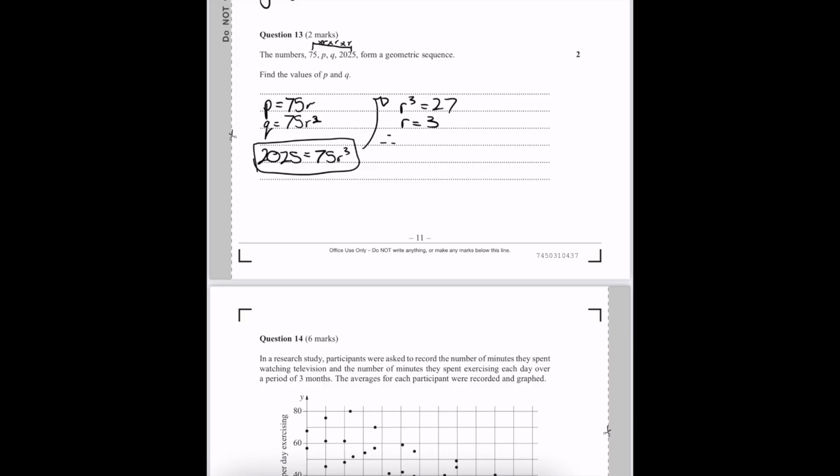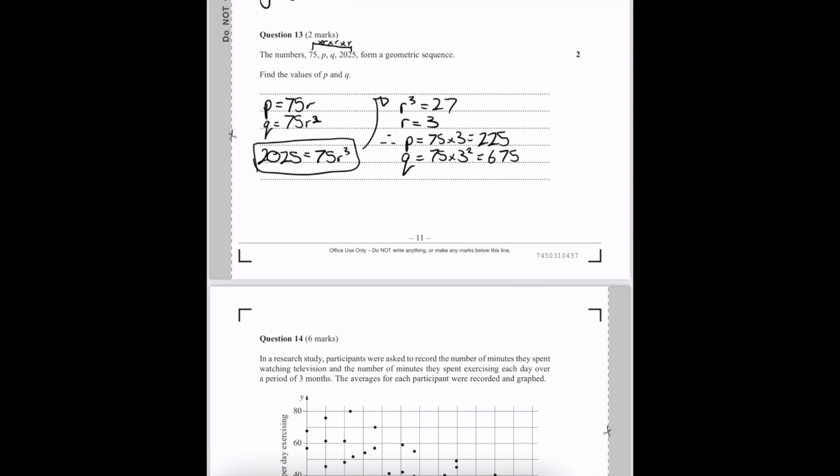So therefore, P is equal to 75 times 3, which is 225. And then Q is equal to 75 times 3 squared, which is equal to 675.